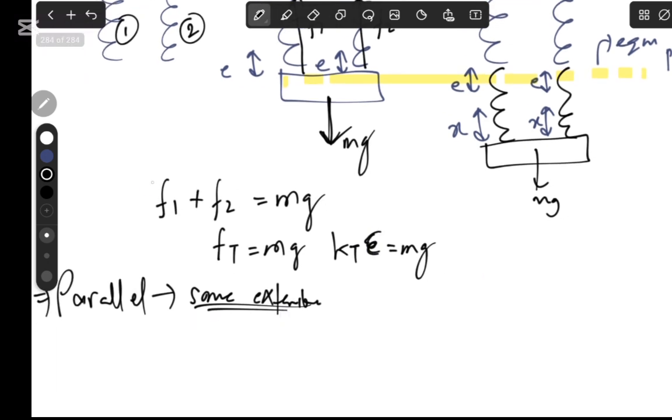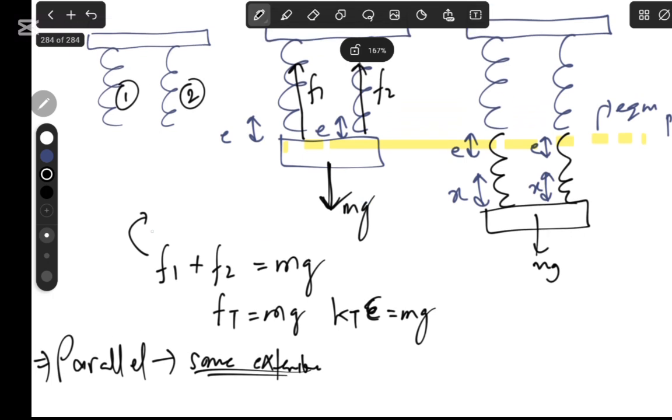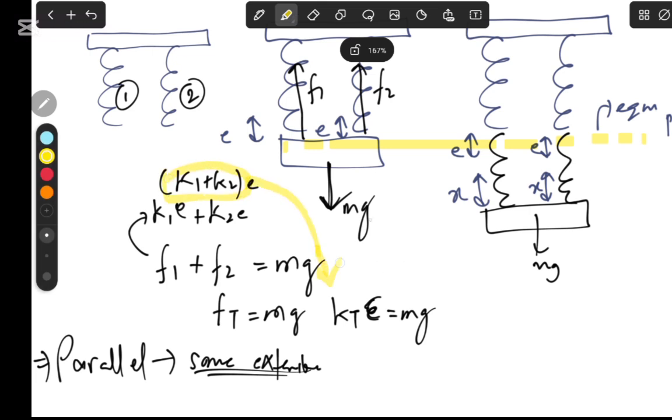If you want a little bit more detail, F1 is K1 E plus K2 E, so I can say K1 plus K2 times E. That's basically what I did here, and this is just K total.